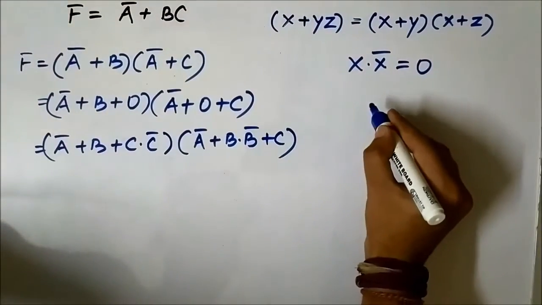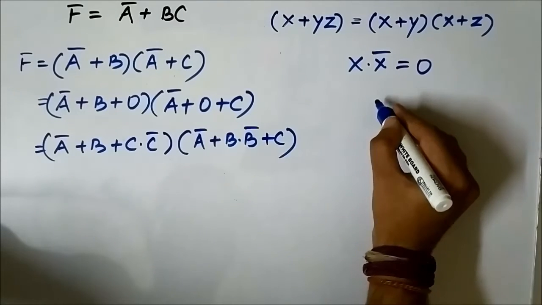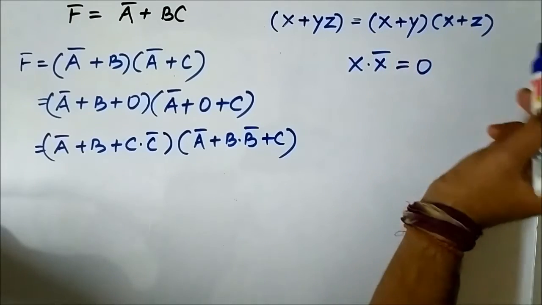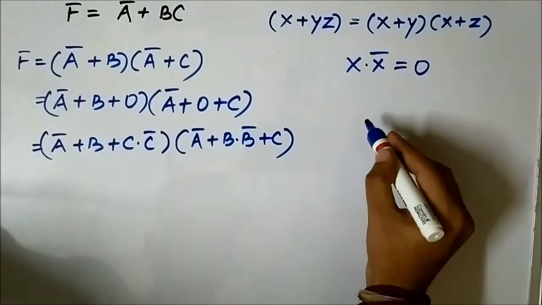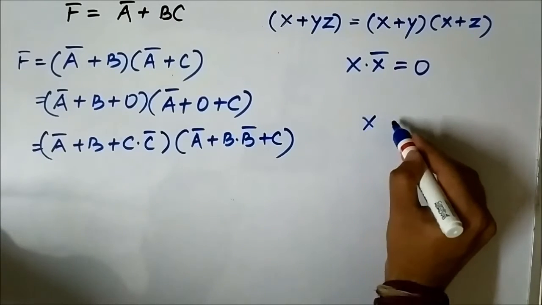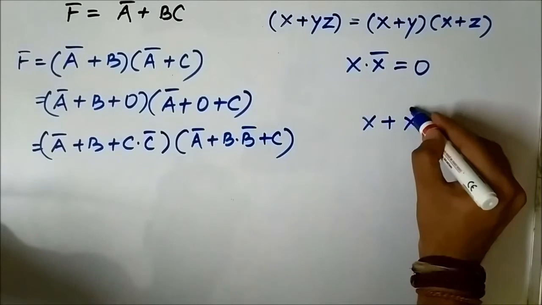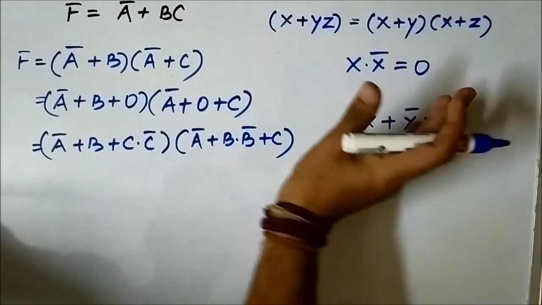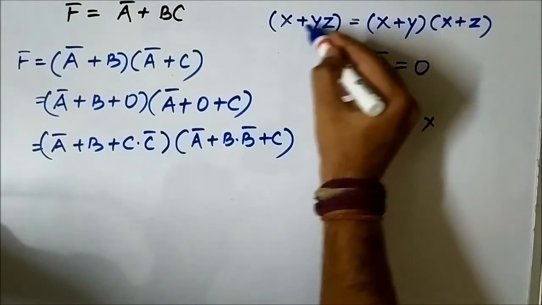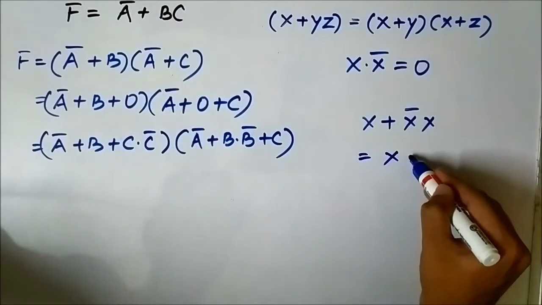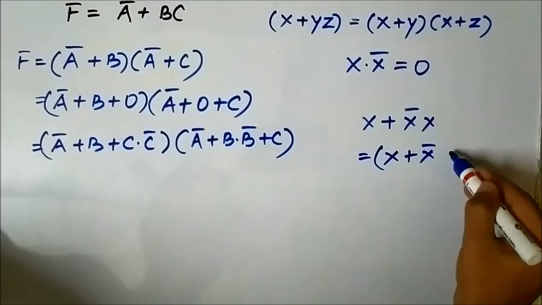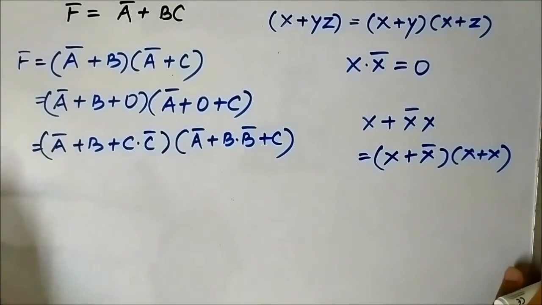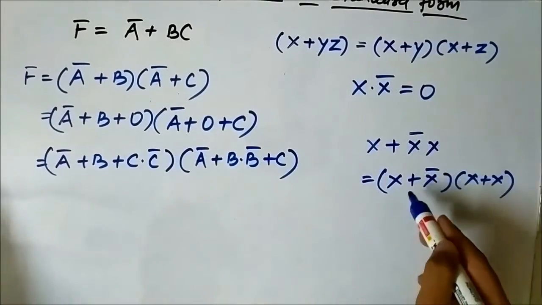Next, another Boolean identity, the same one: x plus yz we can express as x plus y into x plus z. In the same way, we are doing the same thing with this. So this can be represented as x plus x bar into x plus x. We are basically using this Boolean identity in this way.